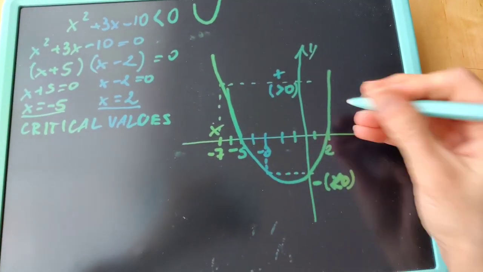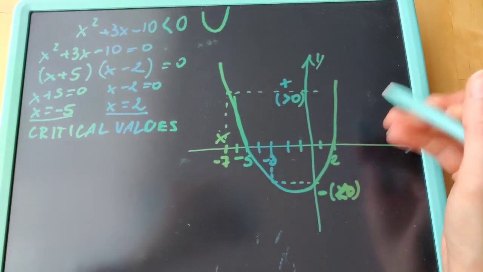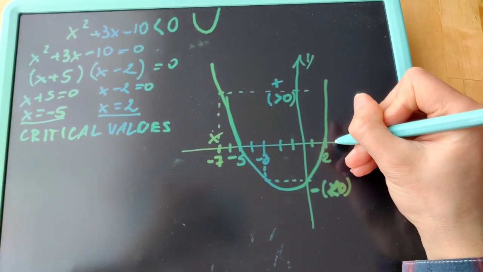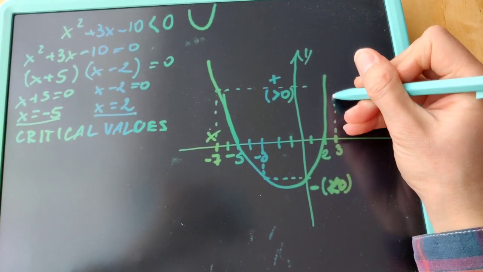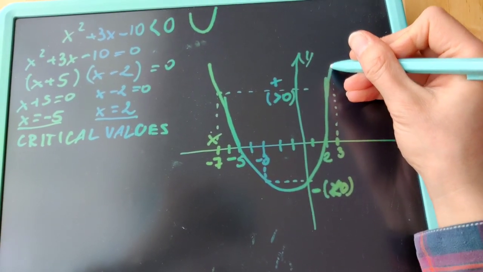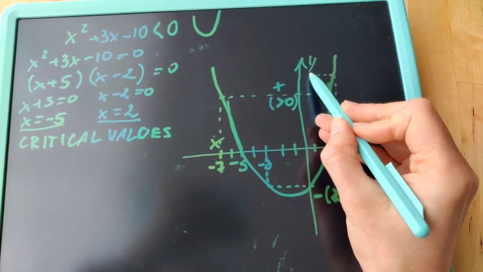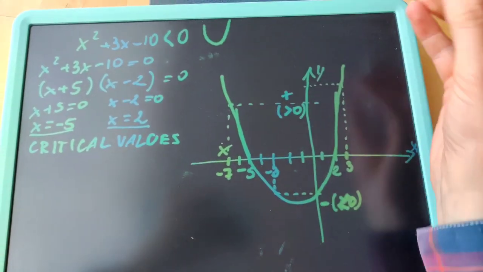We're just going to check if our x is maybe greater than 2. So I'm just going to pick the number 3 and extend it up where it meets our parabola, and extend over to the y-axis.